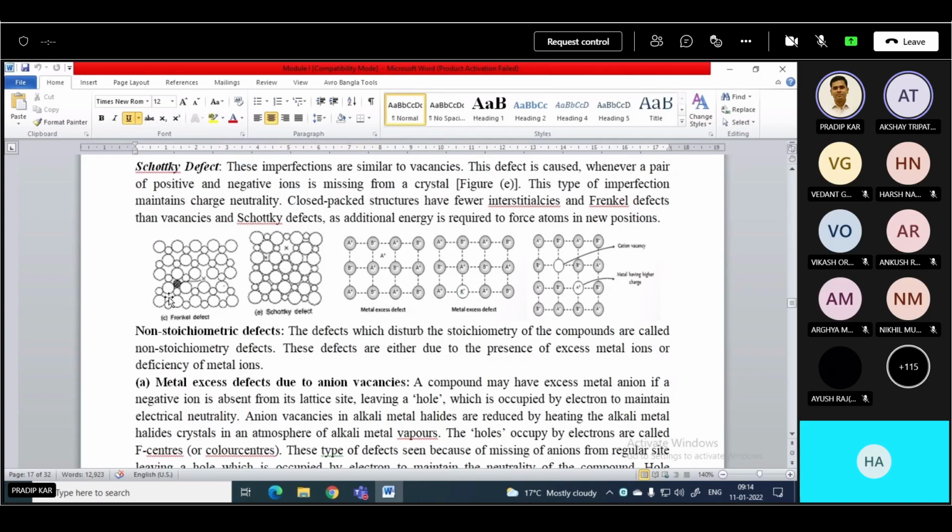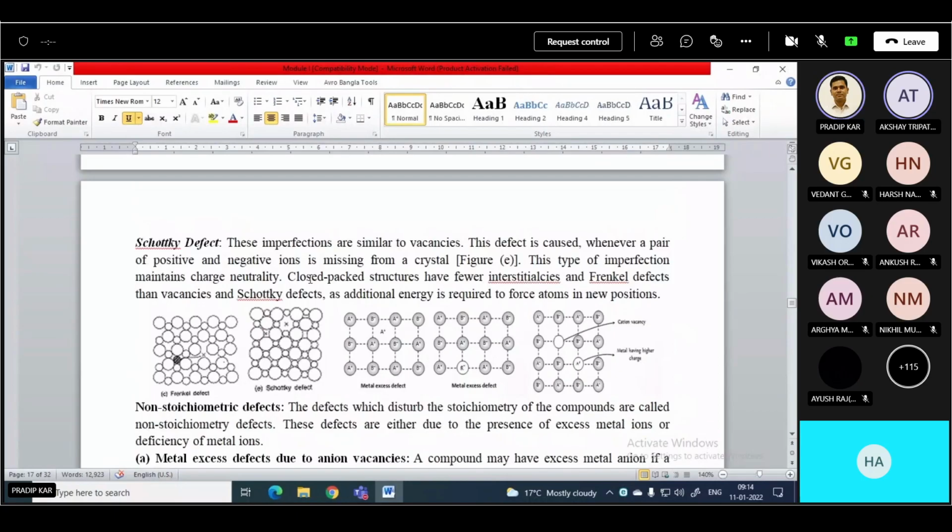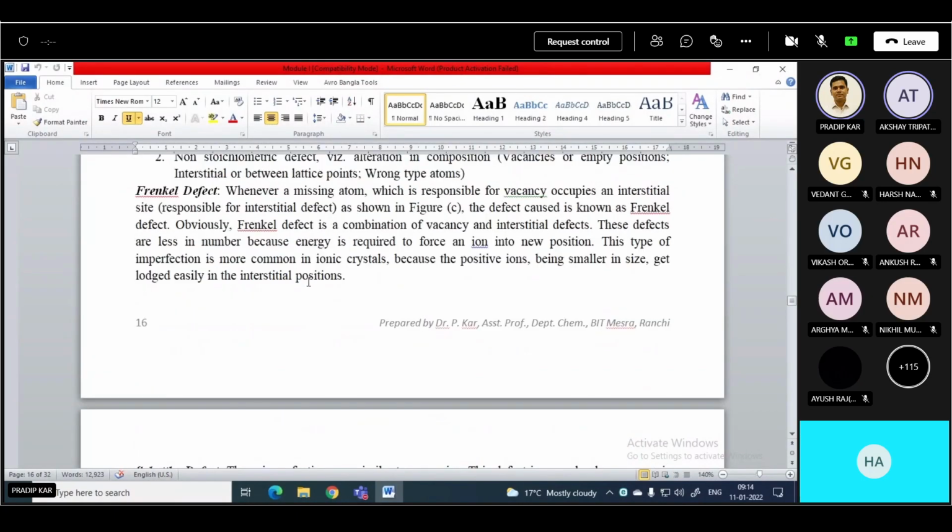You also have to remember that the lattice is not perfectly inelastic. Generally, the cation comes to the interstitial position. So this is the Frenkel defect.